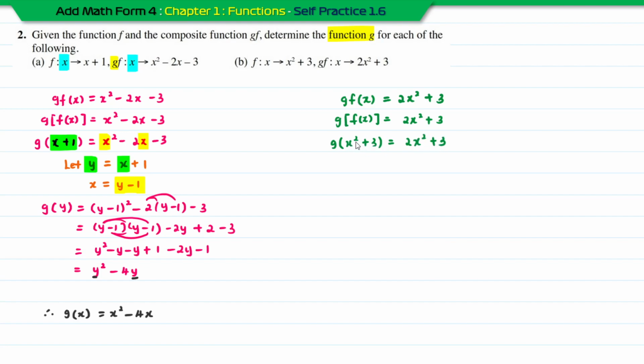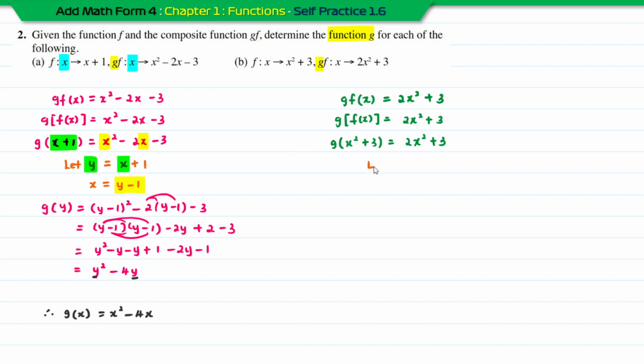If you insert this x squared plus 3 into the function g, this is the composite function that you're going to get. We don't know the function g, so this is another question asking you to find the outer function. We need to use the same method as we did for A, so we need the inverse function.